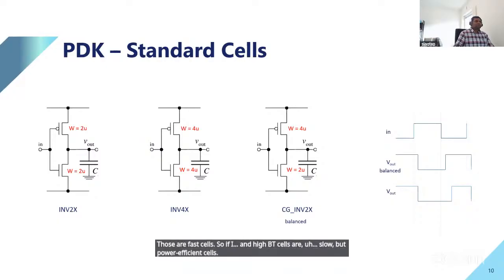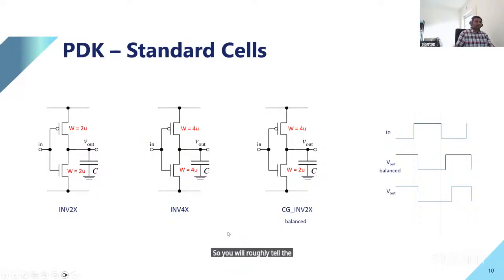So you will roughly tell the tool I want to use at least 80% high VT cells. That means you are implicitly telling the tool to always use high VT cells so my power remains low. The tool will tell you, I'm using high VT cells as much as possible, and I'm getting this much power.